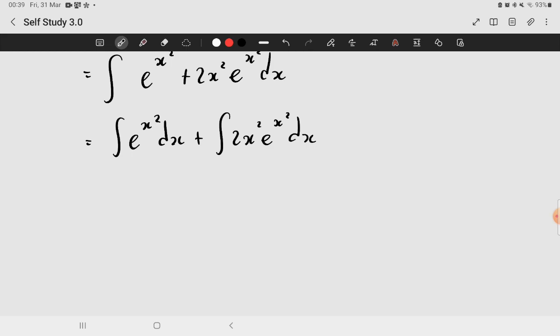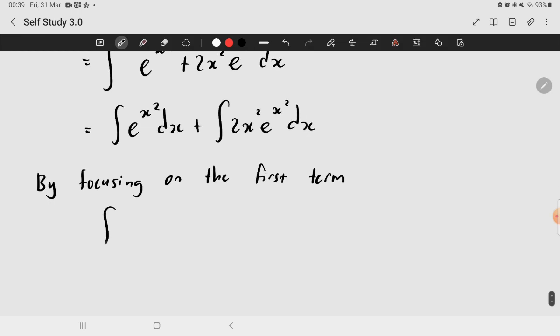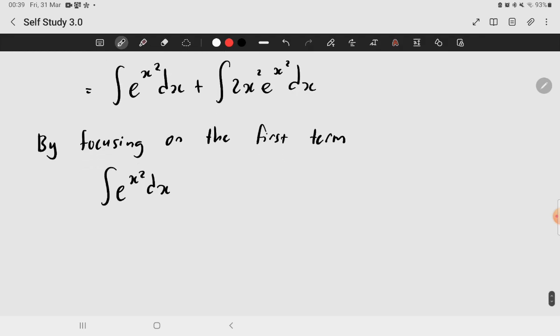Alright, so I'll do it here by focusing on the first term. In other words, I am only focusing on e to the power of x^2. Now, the way we want to solve this integral is by using integration by parts.